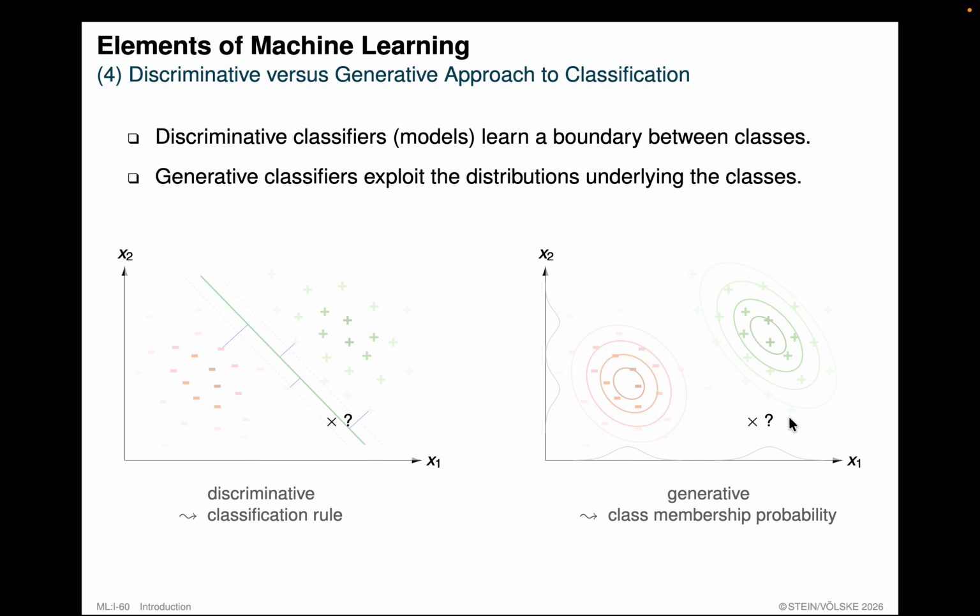For the generative classification, we can now compute the probability of this probability distribution having generated such a case, or this one, and then choose accordingly. This is a different way of looking at things.